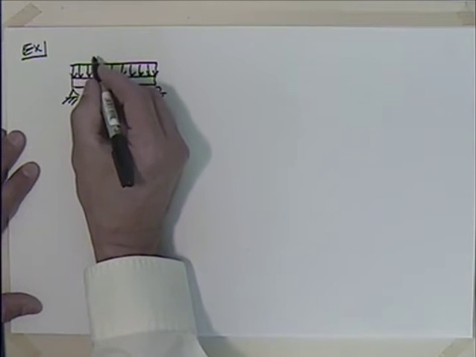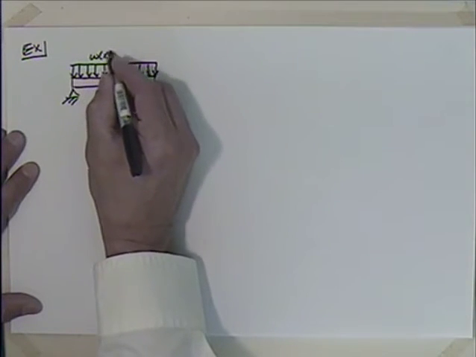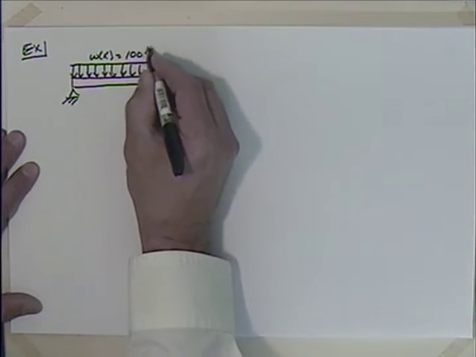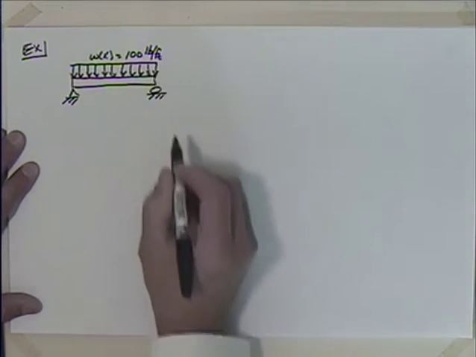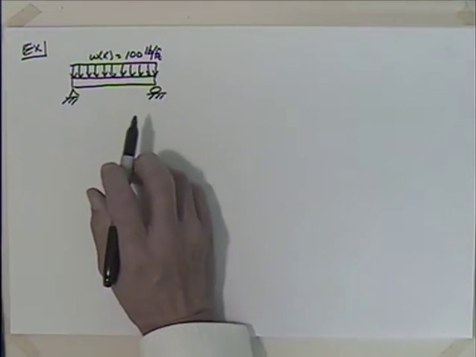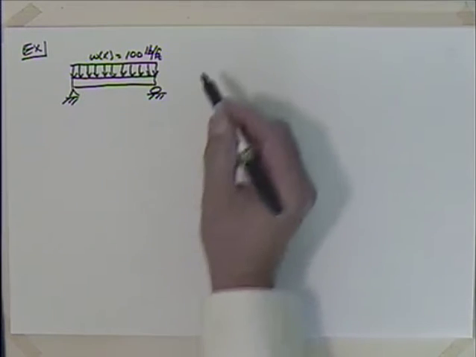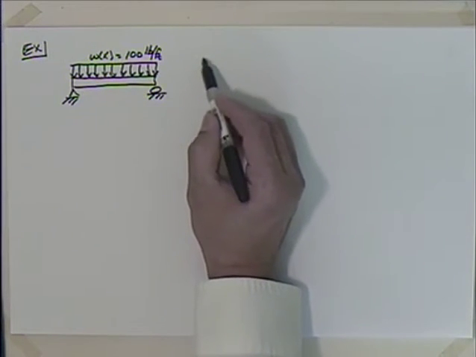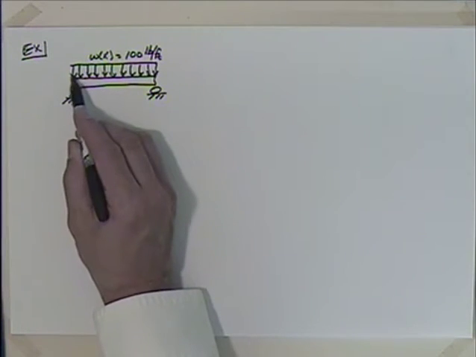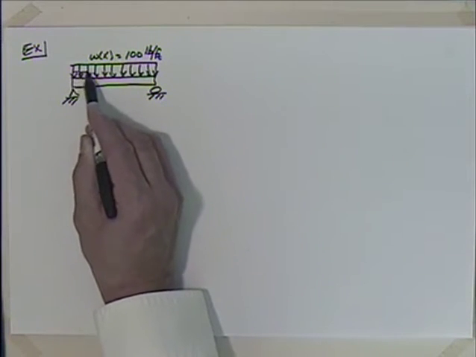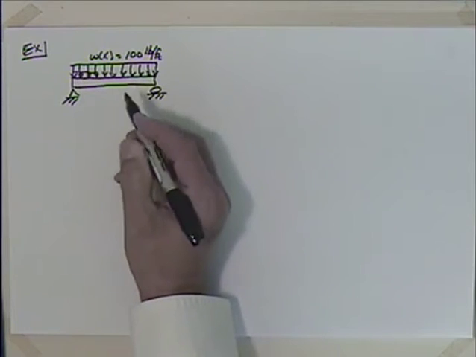And I'm going to say that W of x is equal to 100 pounds per foot. So each foot of that, we have 100 pounds on. It'd be like if you had a box that was 12 inches in dimension, a foot in dimension, and it weighed 100 pounds, and you started setting those boxes on here. That's what you got going on, 100 pounds per foot.